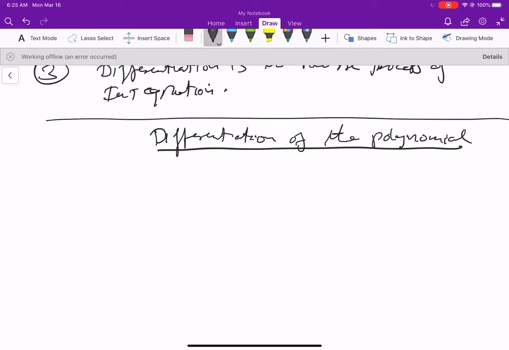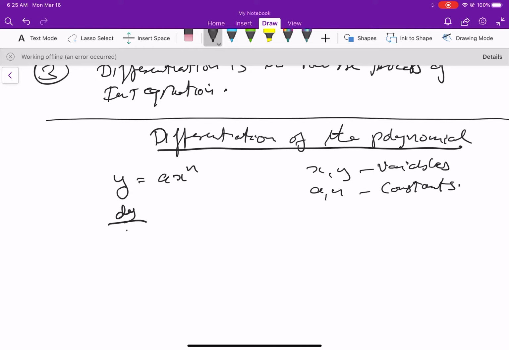So here's the rule. Once your function looks like this, y is equal to a times x to the power n, your x and your y are your variables, of course. a and n are constants. Then if I wanted the rate of change of y with respect to x, the notation would be dy dx.